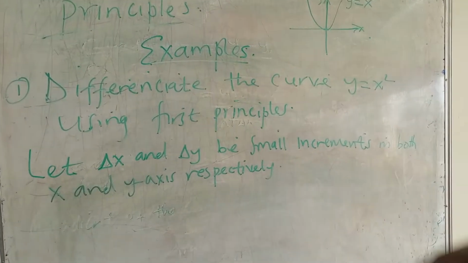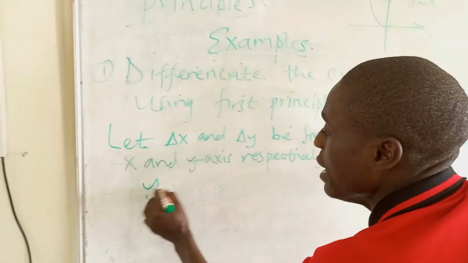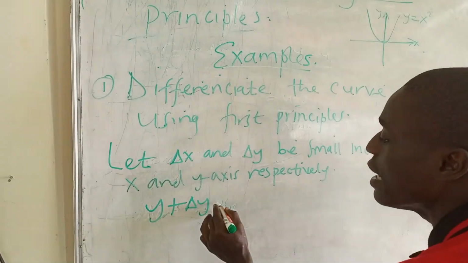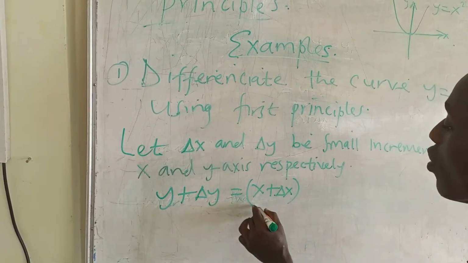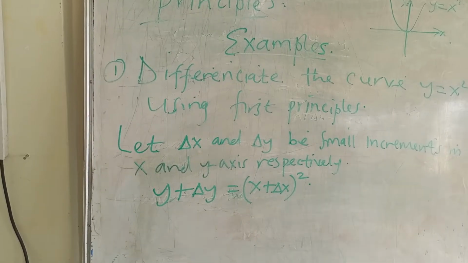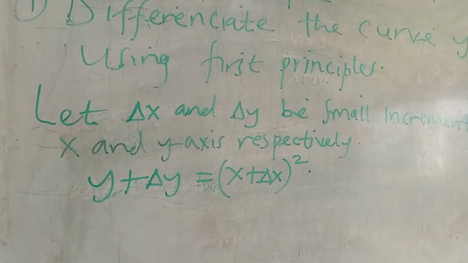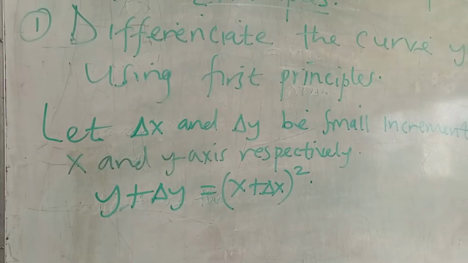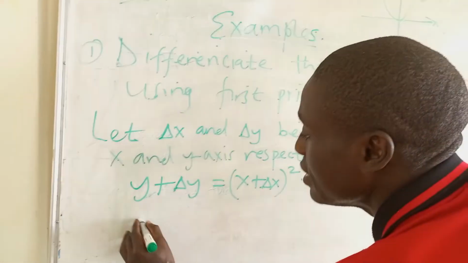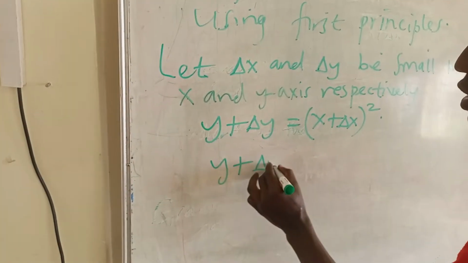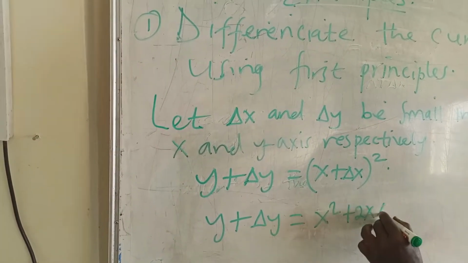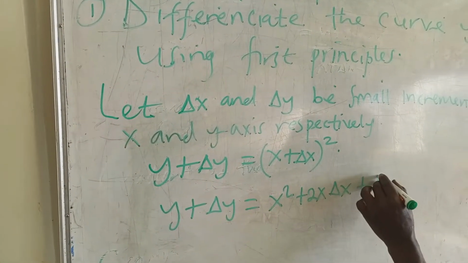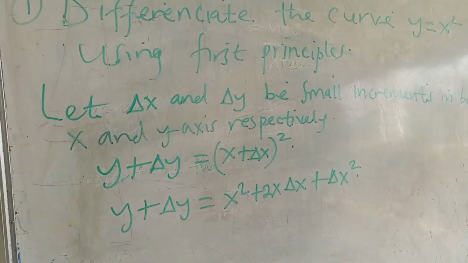So from our curve, we shall say y plus change in y is equal to x plus change in x, whereby the whole of this is squared, because x is squared. Therefore, I will expand this and say y plus change in y is equal to x squared plus 2x change in x, then plus change in x squared.